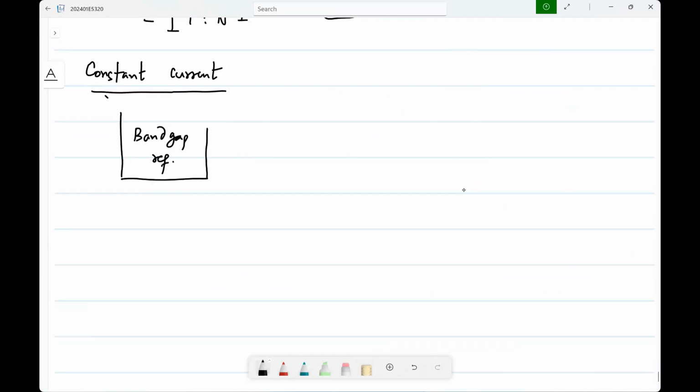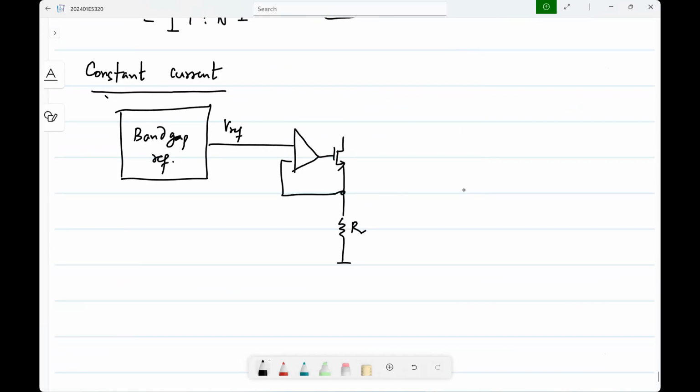We'll see. One is you make a bandgap reference. That is, this voltage is constant, right? And then you can use something like this. Let's say this is a source follower. This is a standard voltage to current converter, right? What will be this voltage?